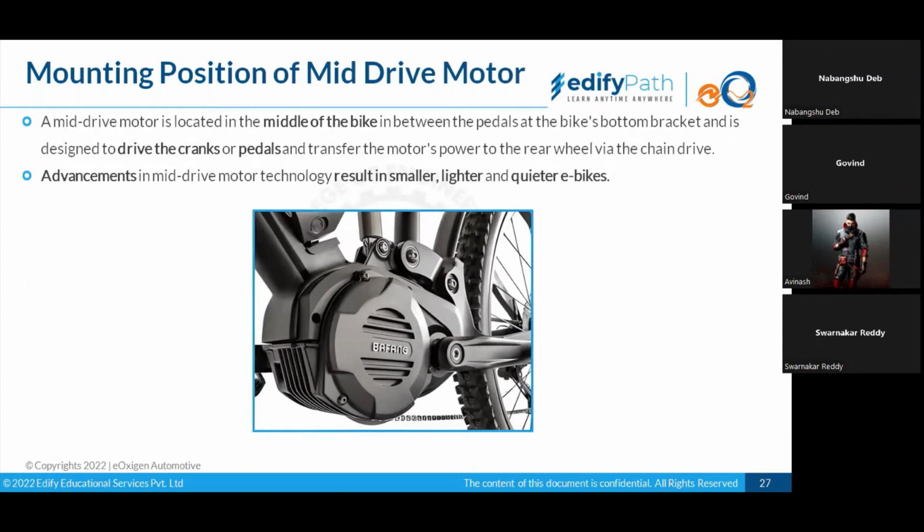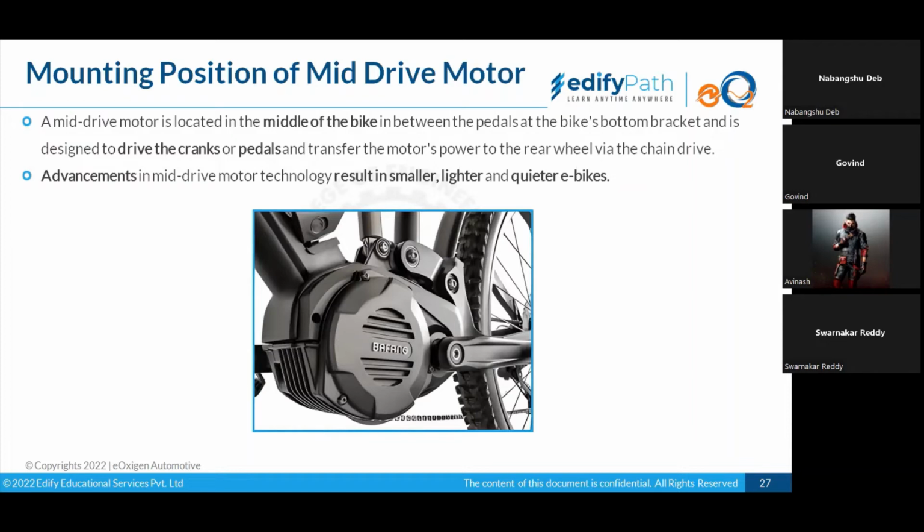Advancements in mid-drive motor technology result in smaller, lighter, and quieter e-bikes. So if you are using a mid-drive, the motor could be smaller, and mid-drive motors are a bit cheaper than your hub motor, and they are much lighter, and also quieter since they are not mounted directly on the wheel. The hub motor forms the rim of the rear wheel, so it has to be of that size only.